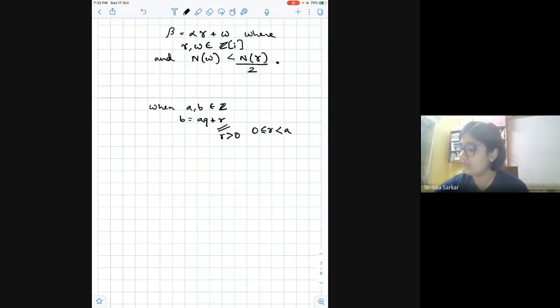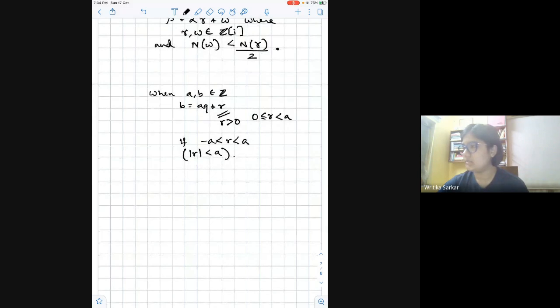But if, instead, r was allowed to be negative as well, we restrict the range of r to minus a less than r less than a. So that means we just say that the absolute value of r is less than a.